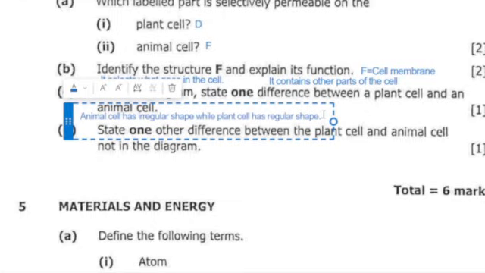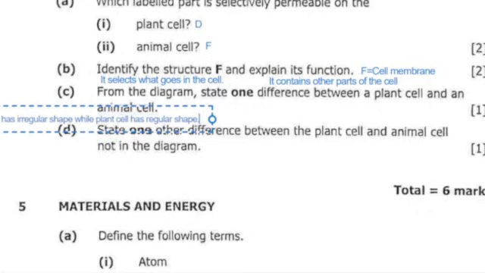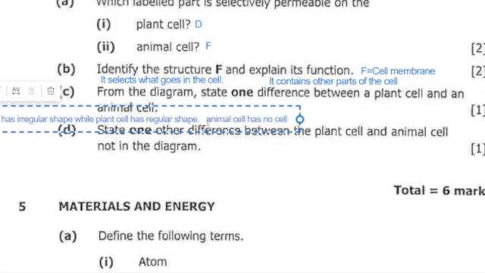We're saying animal cell has no cell wall, while plant cell has cell wall.